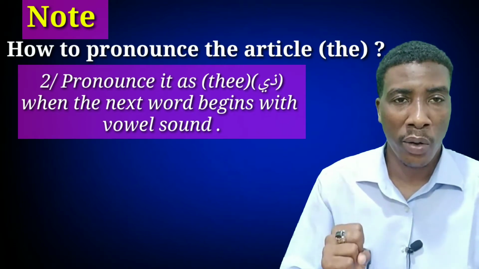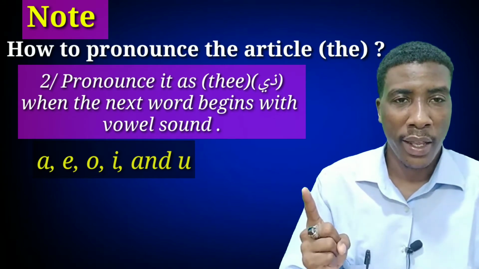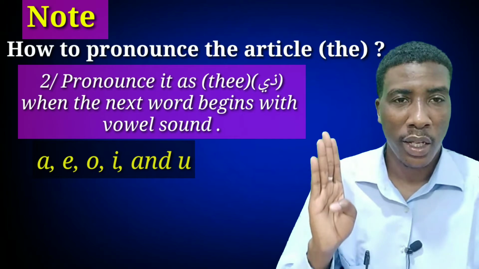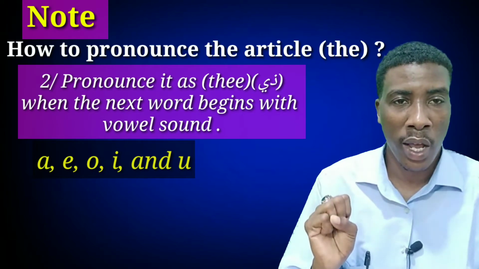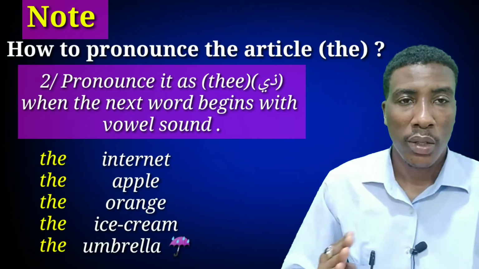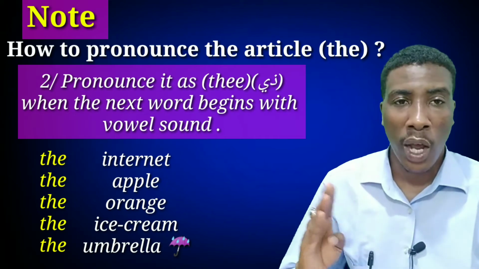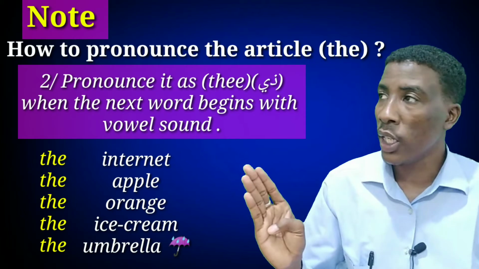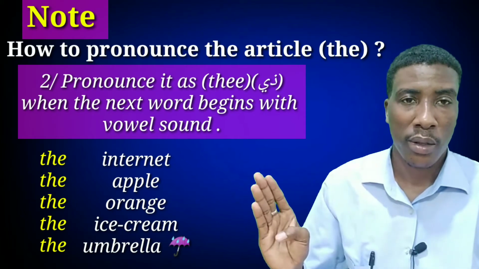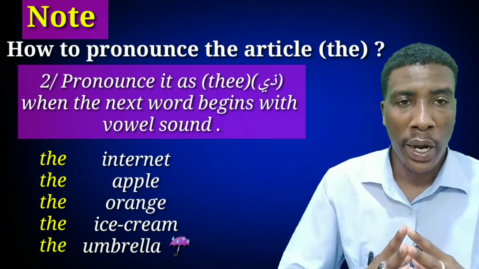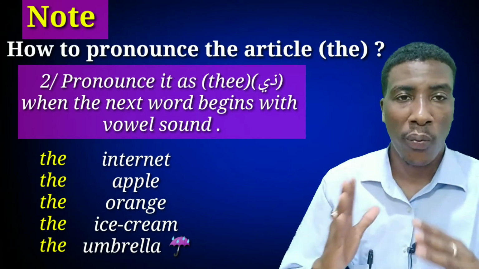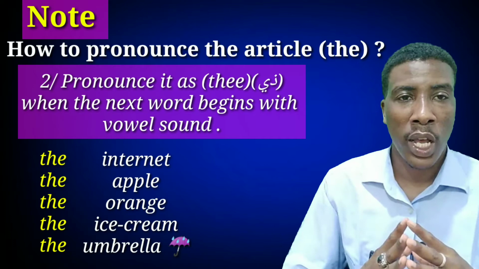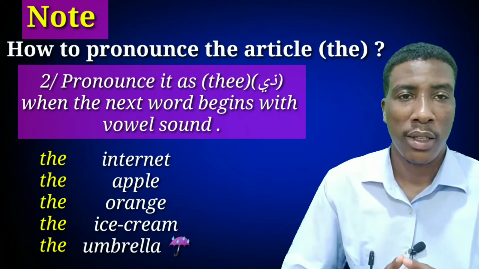And we have 5 vowels: A, E, O, I, U. The internet, the apple, the orange, the ice cream, the umbrella. So when the word begins with a vowel sound, the article the is going to sound like thee.